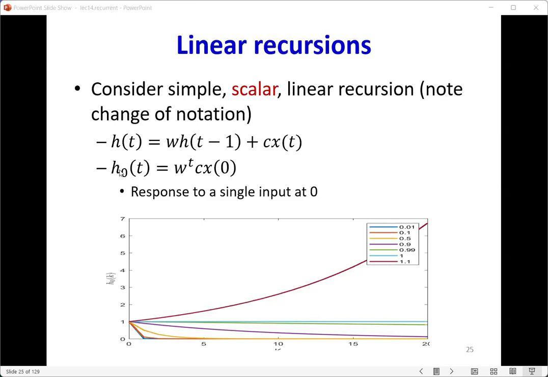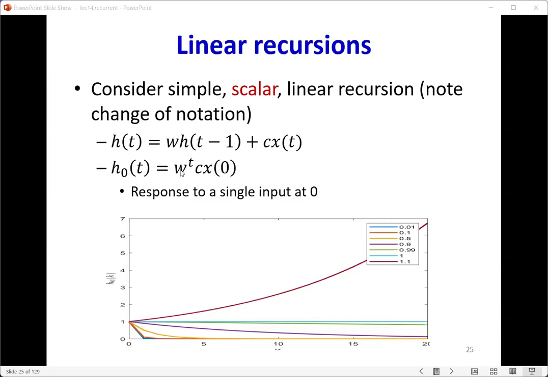So what can you tell me about the response at time t? If I give you a single input, which is just 1 at time 0, what will happen to the response at time t? Is it going to stay at 1 or thereabouts? Will it generally stay bounded and continue to carry information? It's going to be W raised to t.